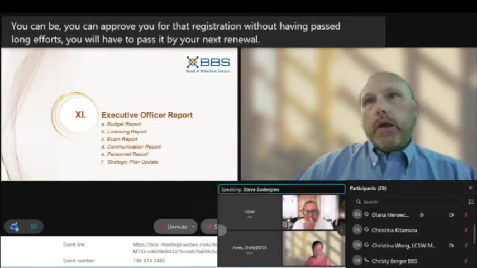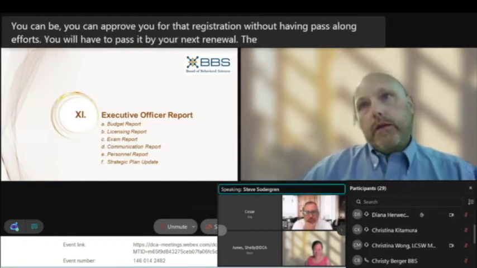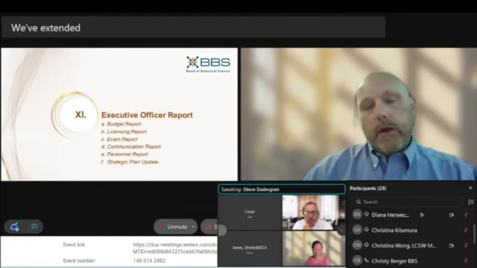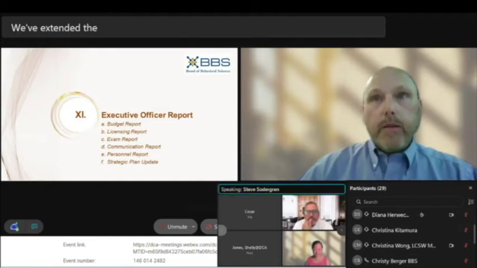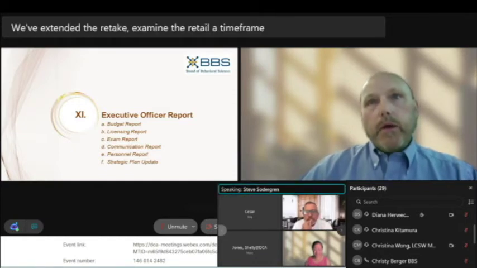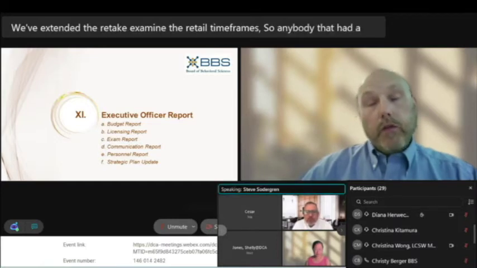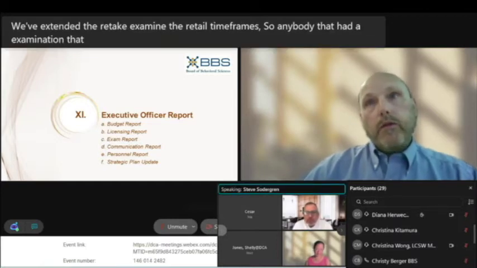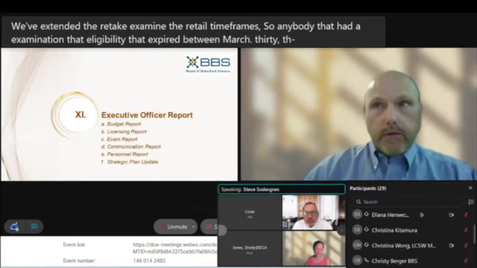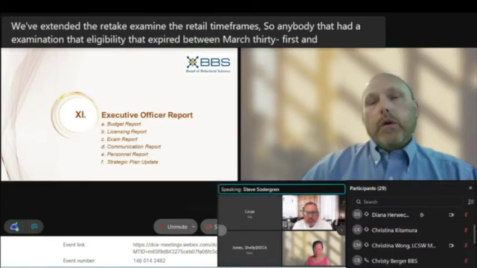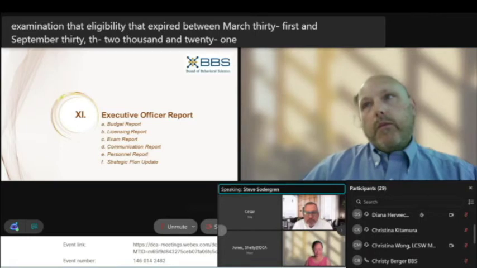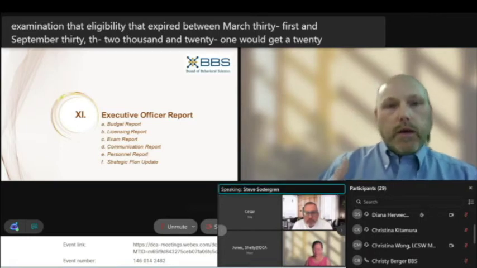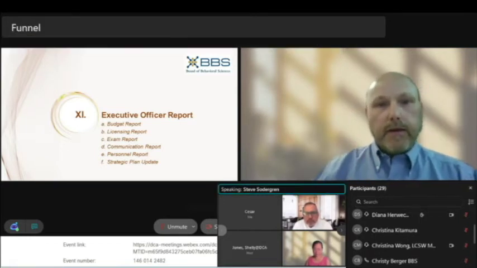The other additional one, we've extended the retake timeframes. Anybody whose examination eligibility expired between March 31st and September 30th, 2021, would get 20 months from their original last testing date.